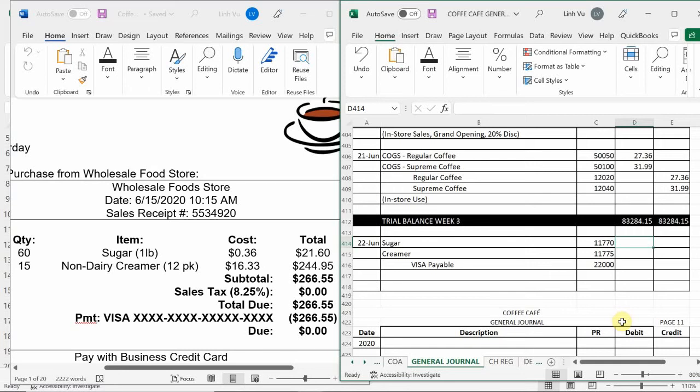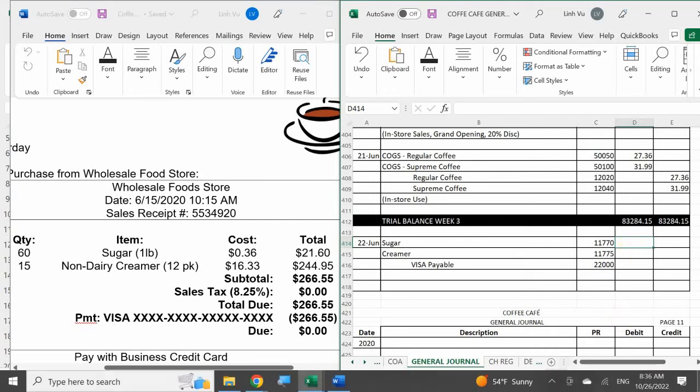How much did it cost me? 21.60, and 244.95 for the creamer.